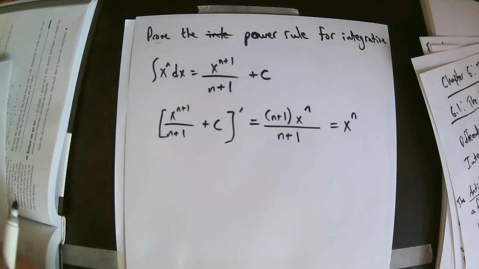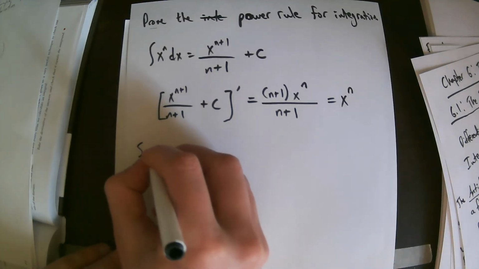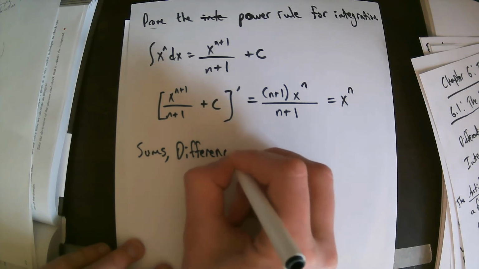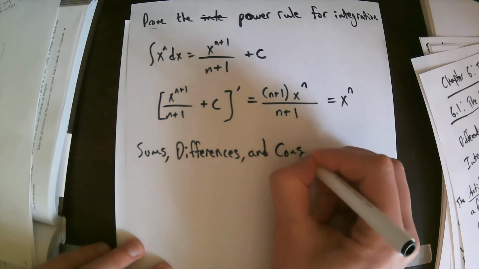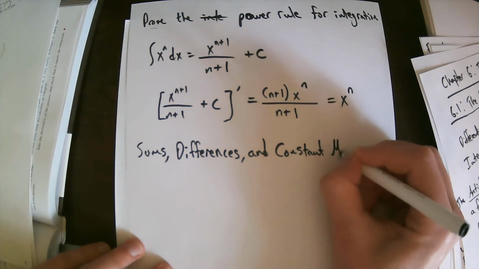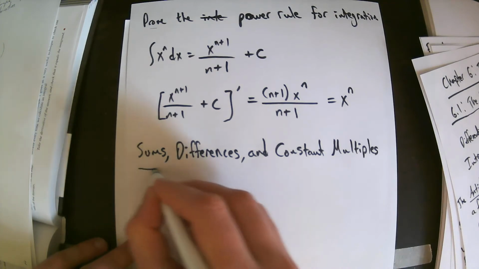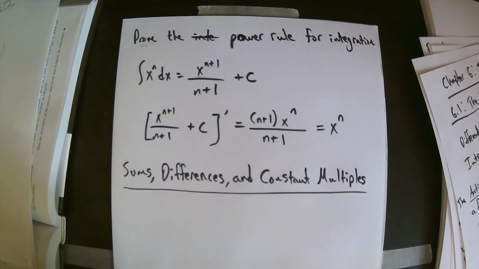Let's move on to sums, differences, and constant multiples. Now, if you remember from differentiation, basically these rules work exactly how you think they would.